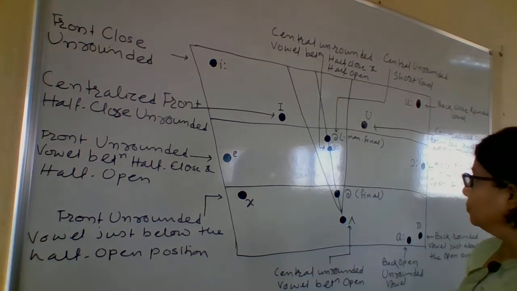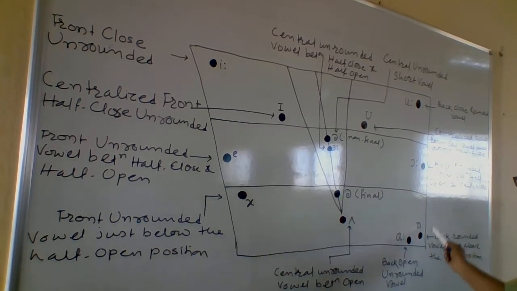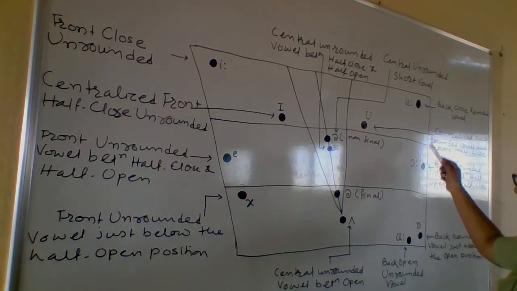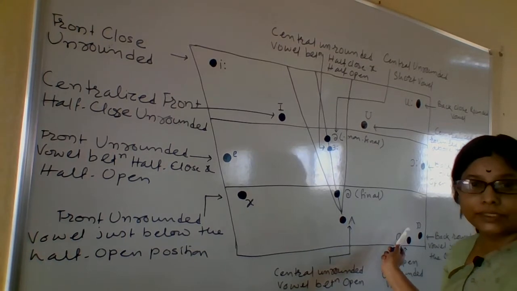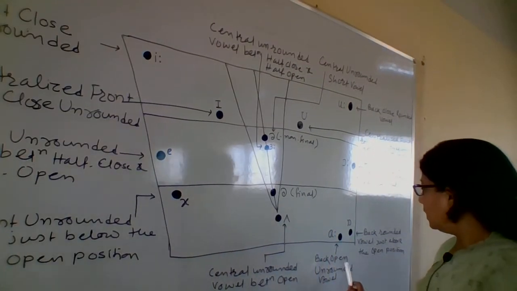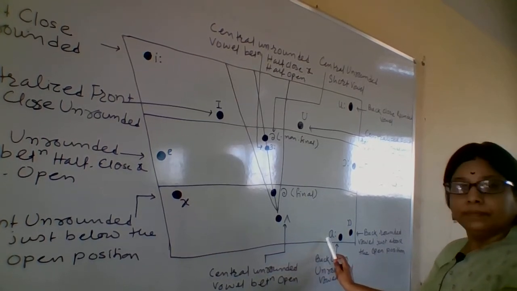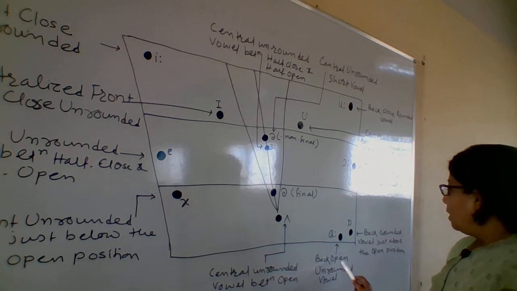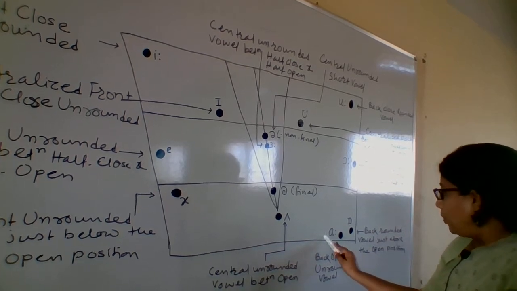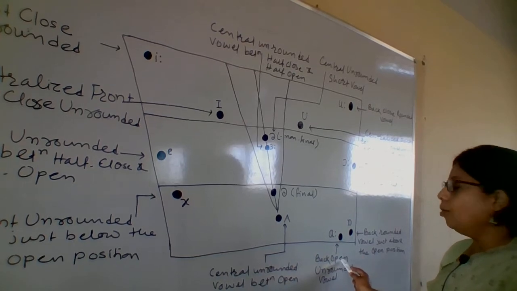Now let us turn to the back vowels. Here we have these five as the back vowels. Okay, let us start from here. This is A. Now, A is produced when the back part of the tongue is in the open position.